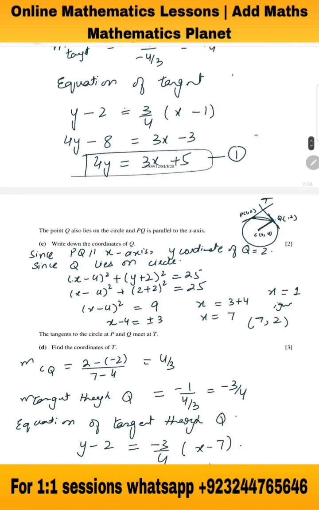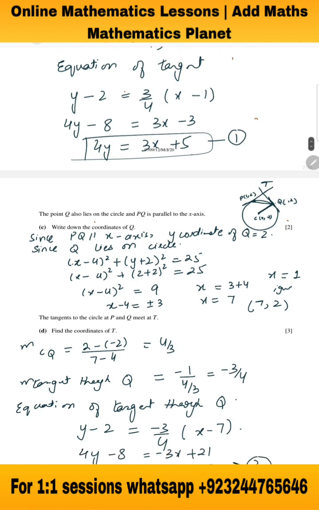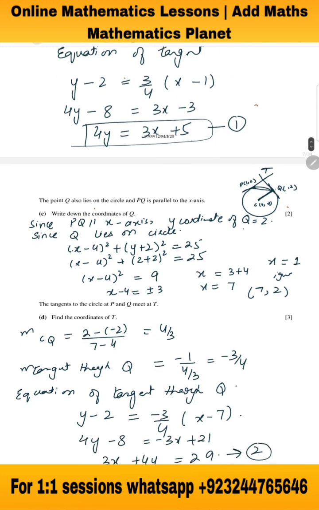The next is we have a point Q that lies on the circle such that PQ is parallel to the x-axis. If a line is parallel to the x-axis, the y-coordinate remains the same, only the x-coordinate changes. So if y remains the same, then x changes. By putting it in the equation of the circle, we get the x-coordinate.